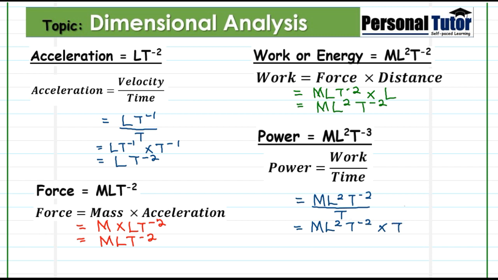When it goes up, it becomes a negative 1. Now, still by the rules of indices, this T and this T are multiplying, and so the exponents will add, and that will give ML exponent 2 T exponent negative 2 plus negative 1, which is a negative 3.